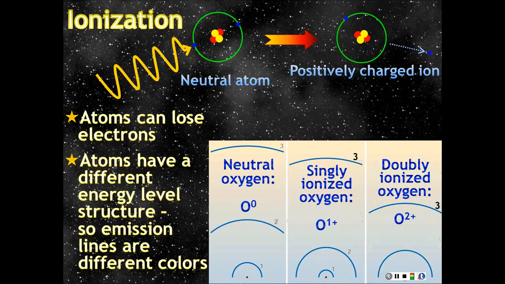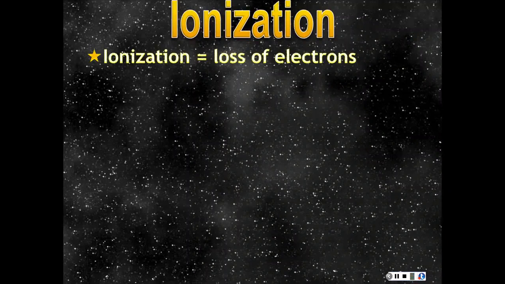But that also changes the electric field, because now you've lost 1 electron, you've only got 7 electrons, that changes the electric field. You lose another electron, changes the electric field again. And so, as well as being able to use the spectrum to determine what the atom is, you can also work out what sort of ions you have.